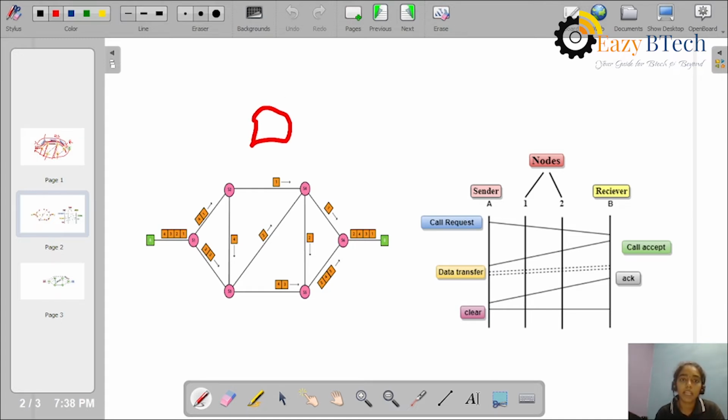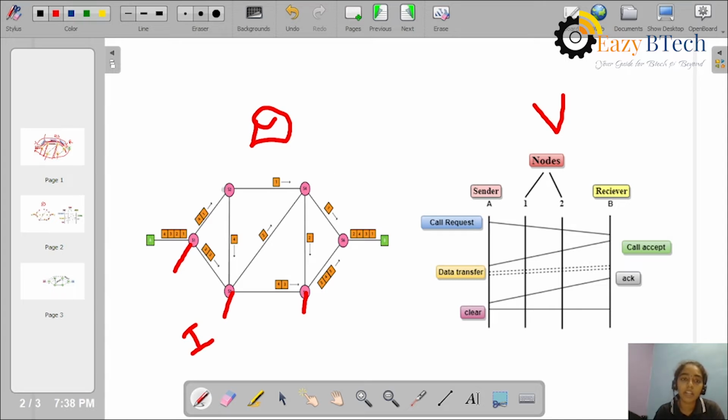This is the datagram switch and this is the virtual circuit switch. These are the intermediate nodes. We are discussing datagram switching first.